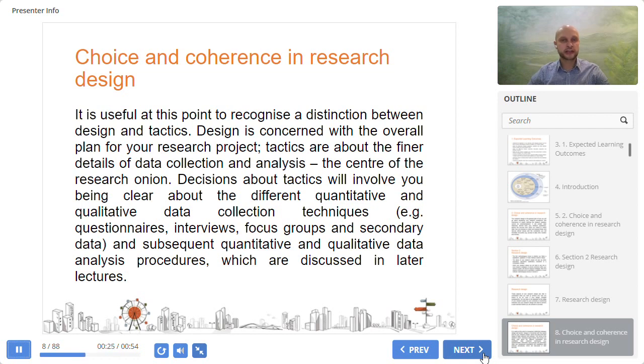Decisions about tactics will involve you being clear about the different quantitative and qualitative data collection techniques, and quantitative and qualitative data analysis procedures, which will be discussed in later lectures. First, we outline the nature of quantitative, qualitative, and mixed methods research and how these may be combined to help you to choose and design your own research.